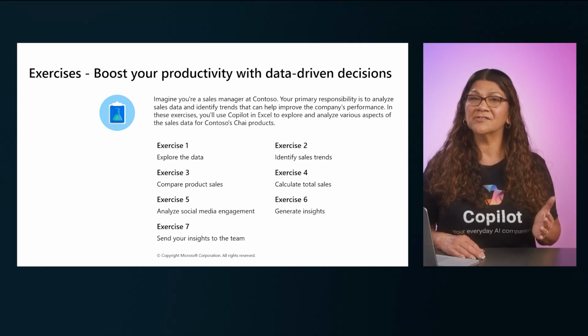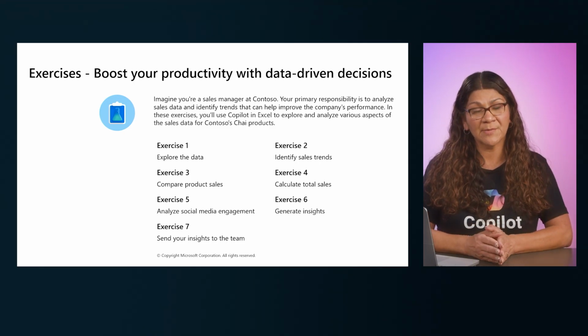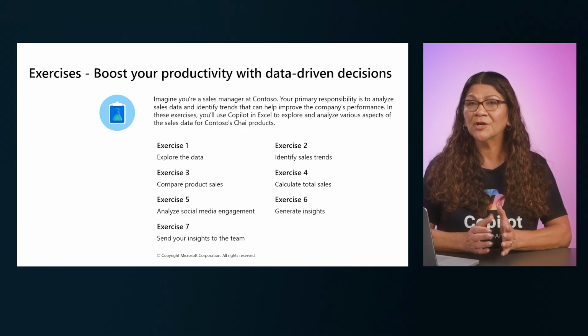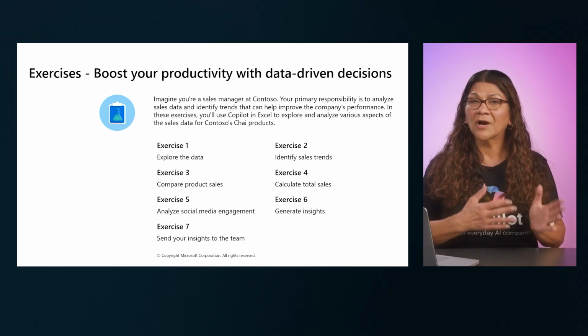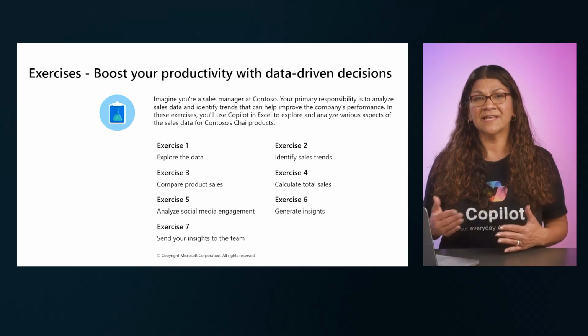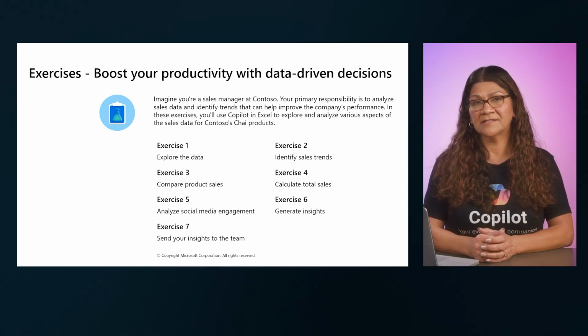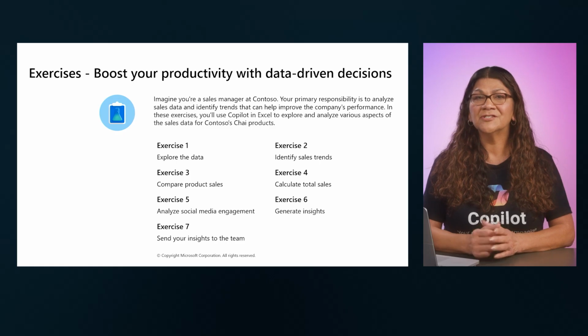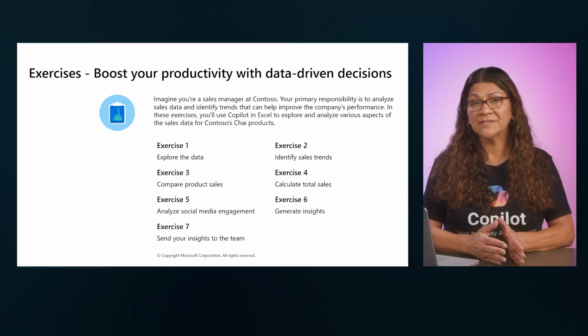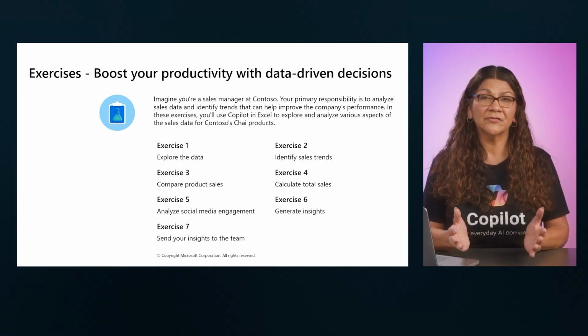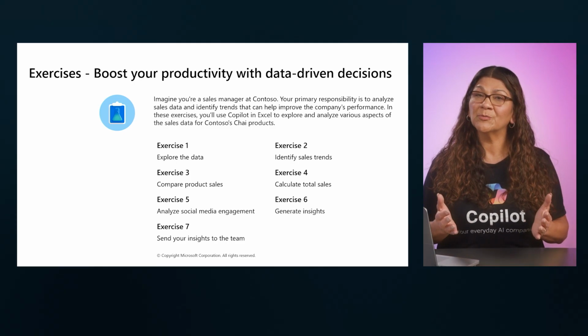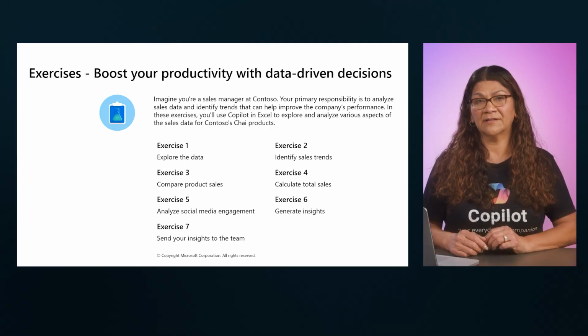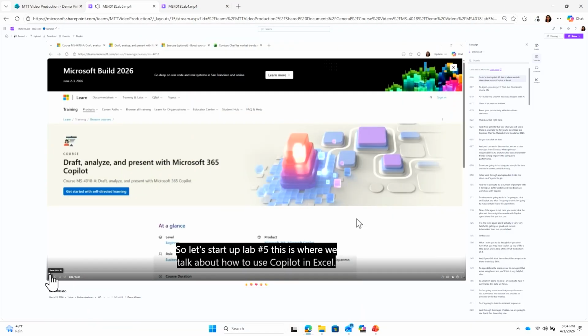This hands-on exercise puts you in the role of a sales manager at Contoso, using Copilot in Excel to turn raw sales and engagement data into actionable insights for exploring and comparing product sales, identifying trends, and calculating totals, to analyzing social media engagements and sharing clear insights with your team, showing how data-driven decisions can directly boost productivity and business impact. So let's start up lab number 5.